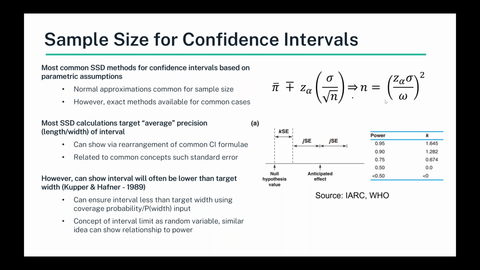Copper and Hafner provide a solution, or at least something to help with this, by incorporating the coverage probability. Here you can state a specific probability that the interval will be no greater than the stated or target interval length. For example, you could say that you need 80% probability that the actual confidence interval length is less than or equal to, say, 1.